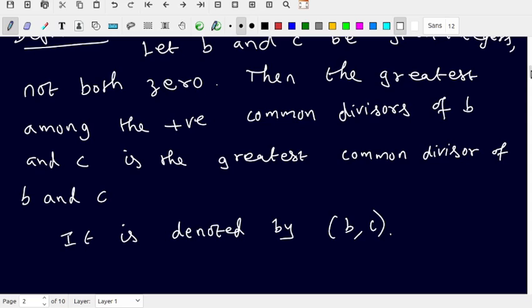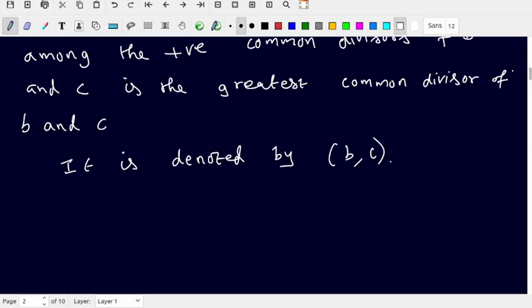Suppose n numbers are given, you can find the greatest common divisor of n numbers.